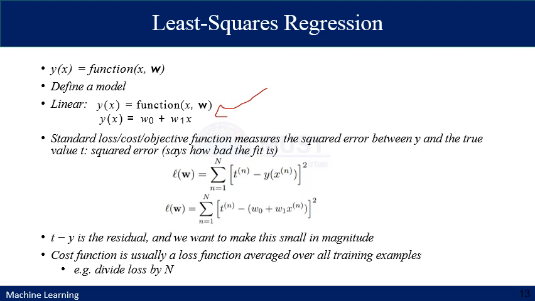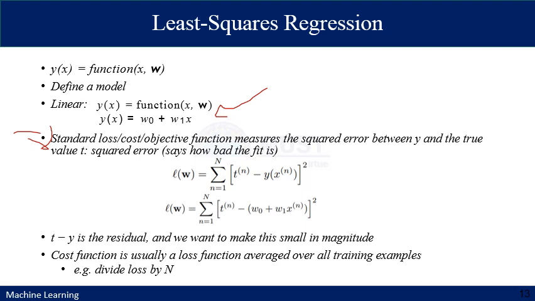Once you have defined the model, the next task is to define the standard loss, or in some cases the cost or objective function. There is a slight difference between loss and cost function, which we will understand in the next few slides.